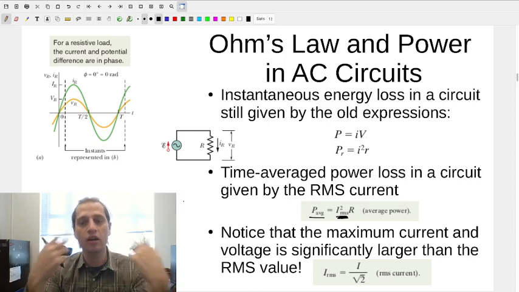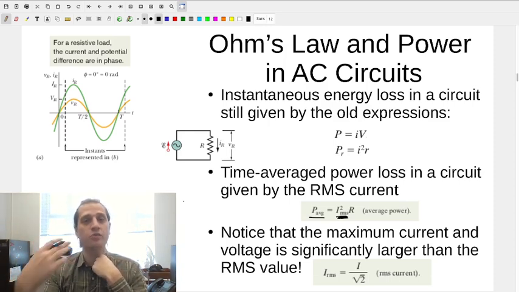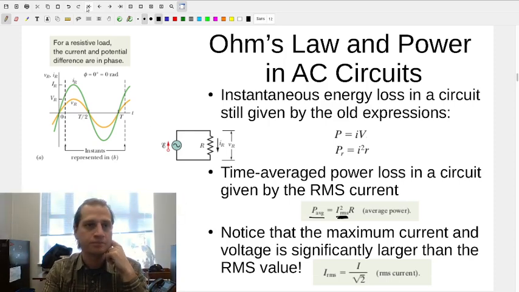It's the RMS, the root mean squared. So if you wanted to get the maximum, you'd have to multiply it by the square root of 2, so about 1.4 times bigger than 120, about 170 or something.